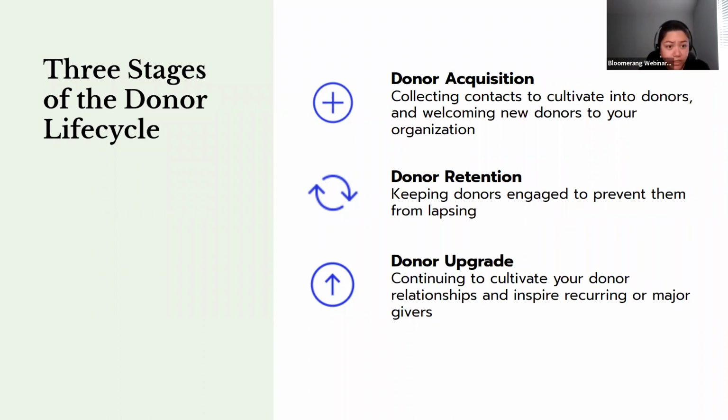If retention is the only part of the life cycle that you concentrate on, you'll end up eventually losing all your donors. If you're retaining donors to become lifelong donors, that's great, but they're only lifelong donors. At some point, that big constituency is going to begin to age out, and your donor database is going to be dramatically reduced because you've only focused on keeping your donors, not getting new ones.